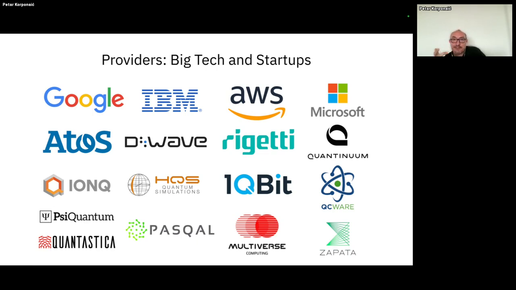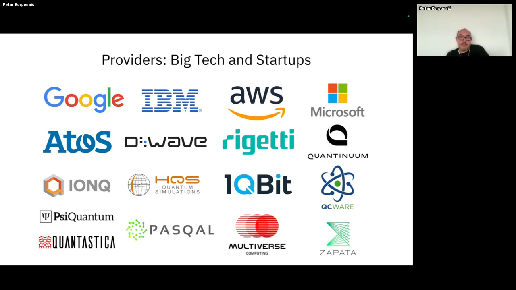And not only that, you can use quantum computers in a cloud. In this first row, and not only these big tech companies, but some startups also offer quantum computers in a cloud. So you can use a quantum computer almost like any other normal server in the cloud.